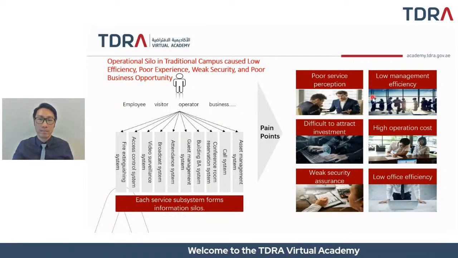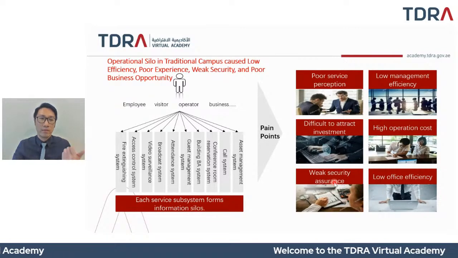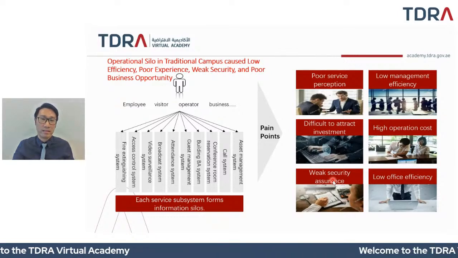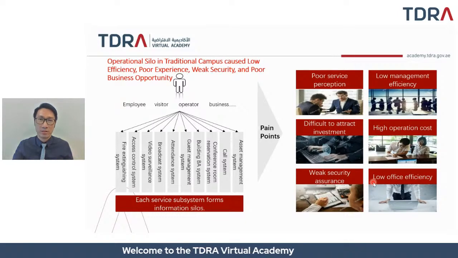It takes time, so the waiting time is too high, or you have the weak security because you do not integrate the video surveillance system with the access control system. So you have some disadvantage or the problem, and this would affect the efficiency of the whole campus.